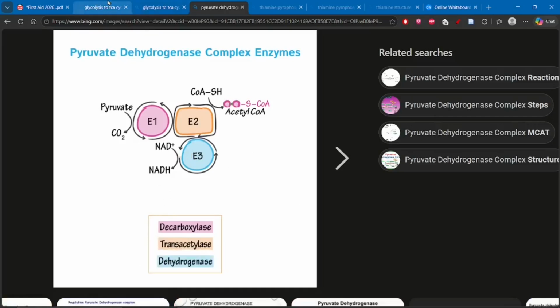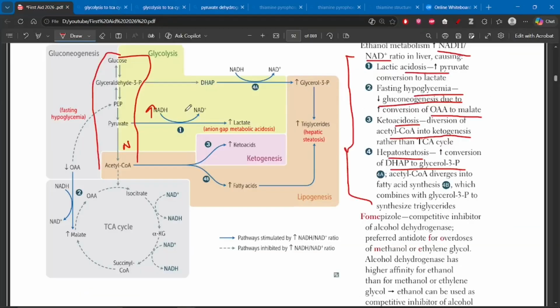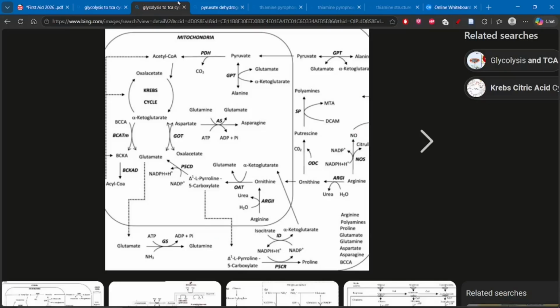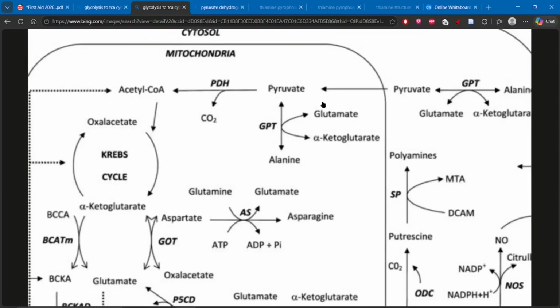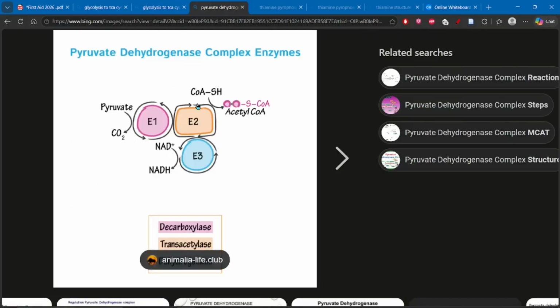Okay. So what I was trying to basically tell you guys is that normally pyruvate should get converted to acetyl CoA, right, through PDH, pyruvate dehydrogenase complex. And the pyruvate dehydrogenase complex requires NAD plus to be converted into NADH.